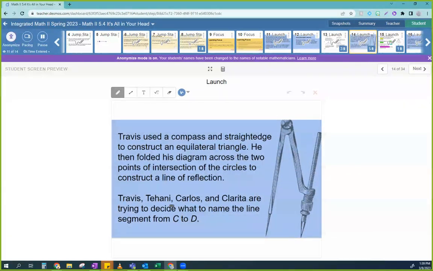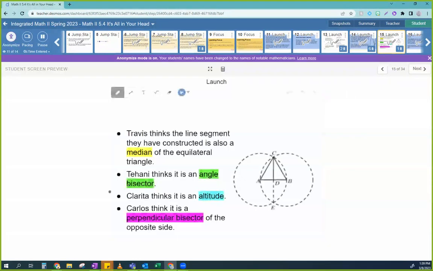So then Travis, Tahani, Carlos, and Clarita are trying to decide what to name the line segment from C to D. You already know the name of the line. Travis thinks that the line segment they've constructed should be called the median of a triangle.